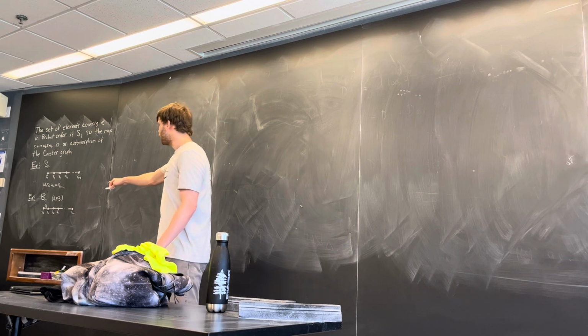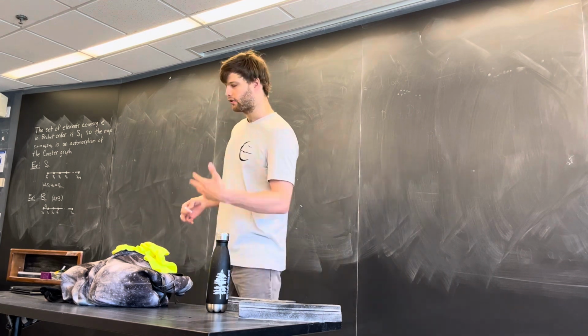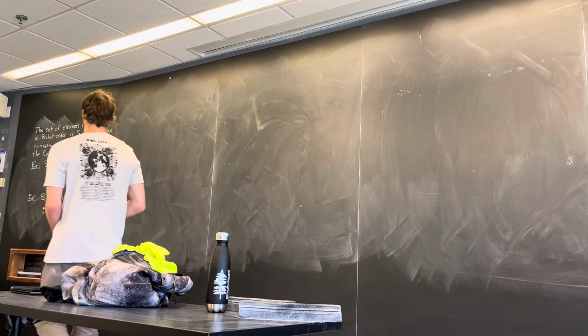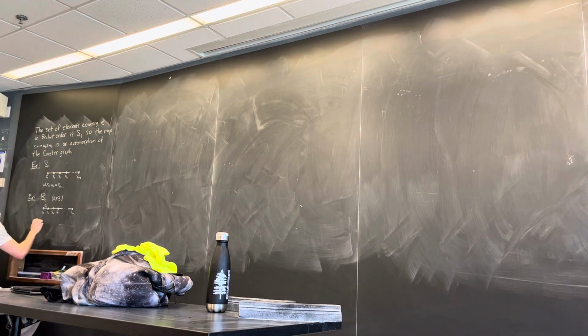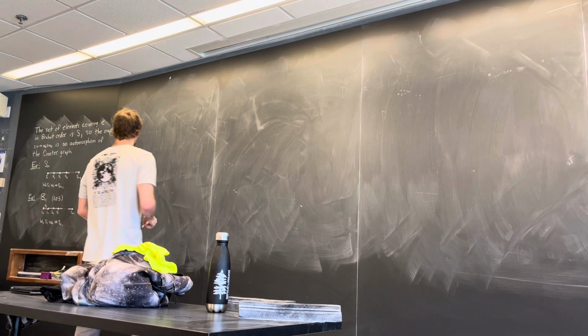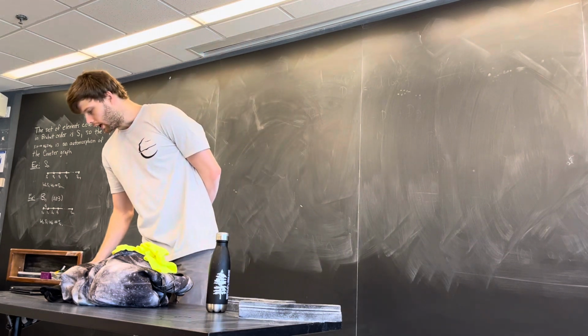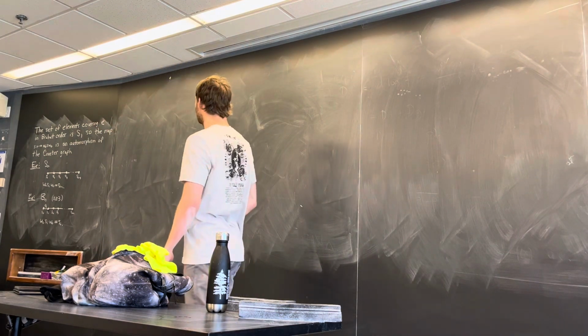Then there are no automorphisms of this graph other than just the identity. So that actually is the map. So in this case, W naught Si W naught is just Si.